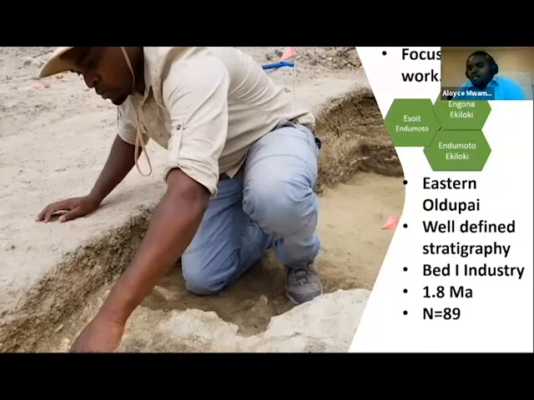These sites in the western part of the gorge are very useful, I would say, because the area is well defined in terms of stratigraphy. I'm working with Bed One archaeological materials, which are Oldowan samples dating to about 1.8 million years ago. Right now, the total number of samples I have started with is 89.